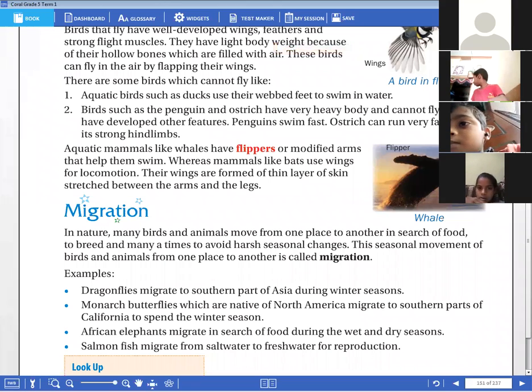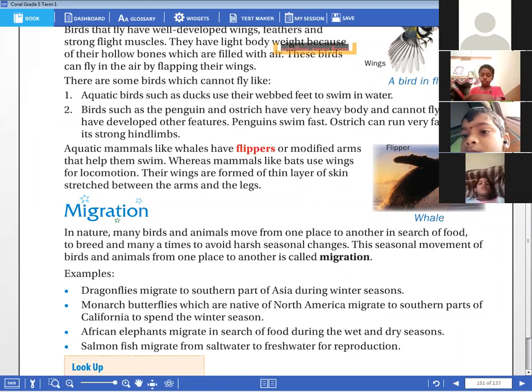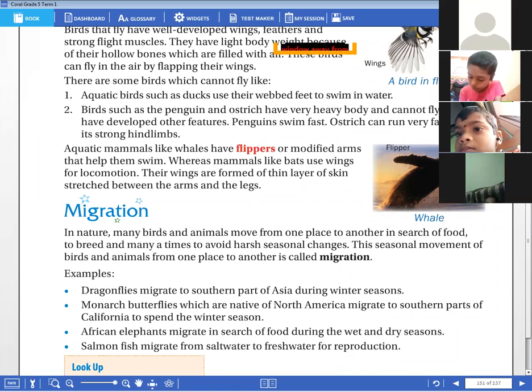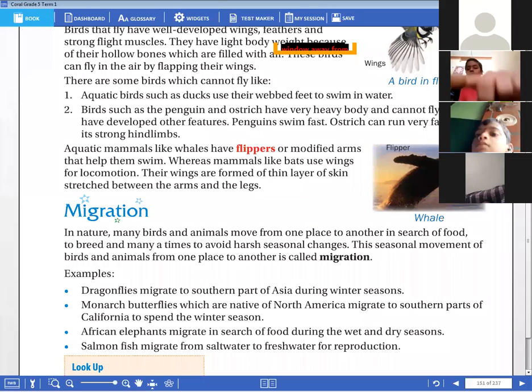Next, monarch butterflies, which are native to North America, migrate to south parts of California to spend the winter season. See, children, here they have given another example of migration. These are the examples of migration that take place around the world.